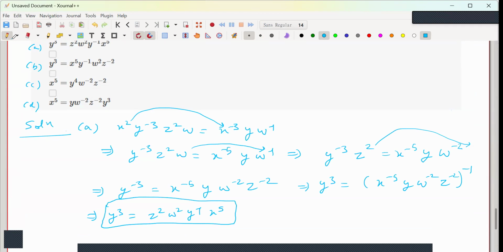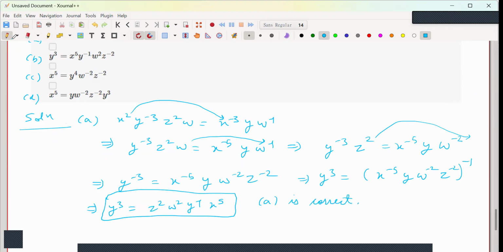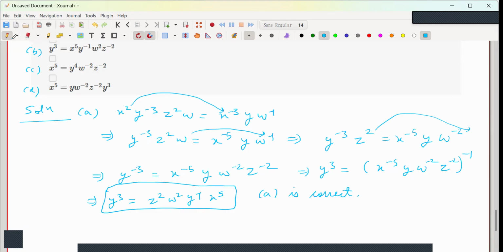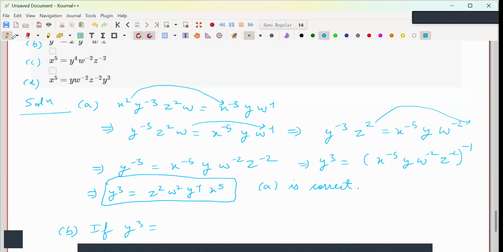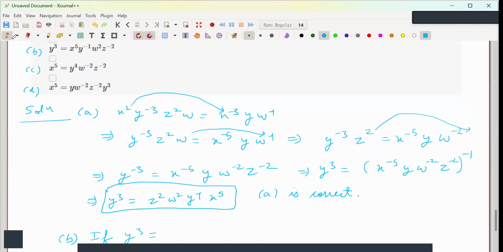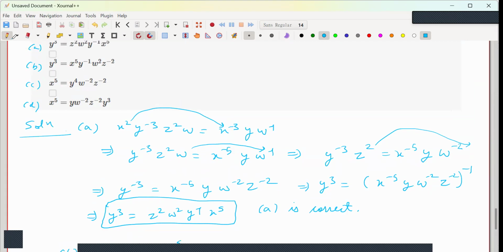But why is B not correct? So B, if y cube is this number x, then it is just the reverse of this particular element, right?